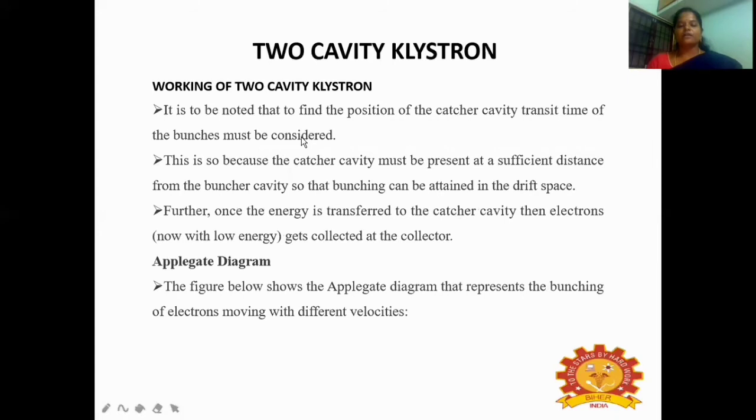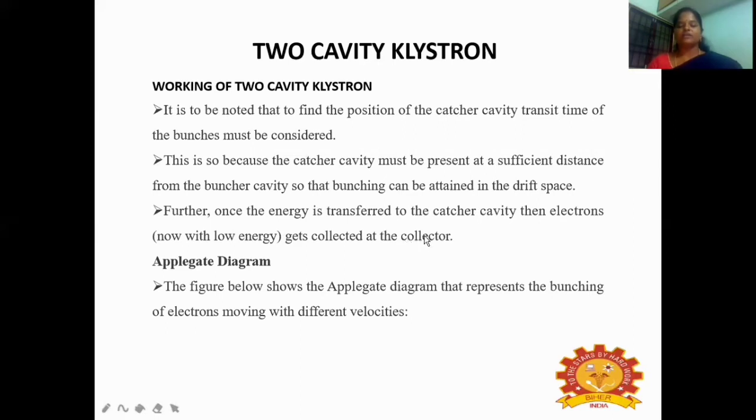To find the position of the catcher cavity, the transit time of the bunches must be considered. The catcher cavity must be present at a sufficient distance from the buncher cavity so that bunching can be attained in the drift space. Only when the bunching is attained in the drift space will the energy be fully absorbed by the catcher cavity.